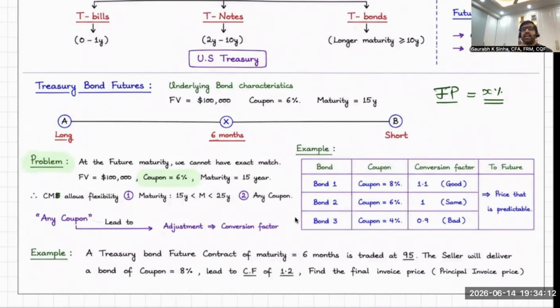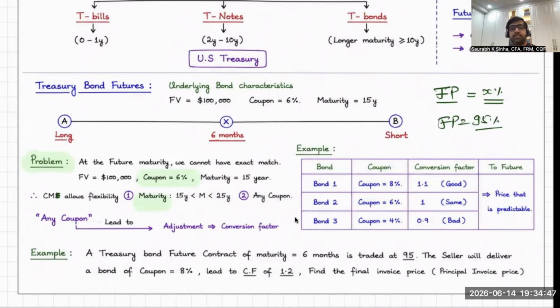So what flexibility does any exchange, whether it is Chicago Mercantile CME or CBOT, allow? Instead of delivering this specific bond, you can deliver any bond which has a maturity of between 15 year to 25 year. It will work. And the coupon could be anything. It could be 6%, 1%, 0%, whatever you feel like, you can deliver. But I'm saying that the future price was fixed. That was 95,000.